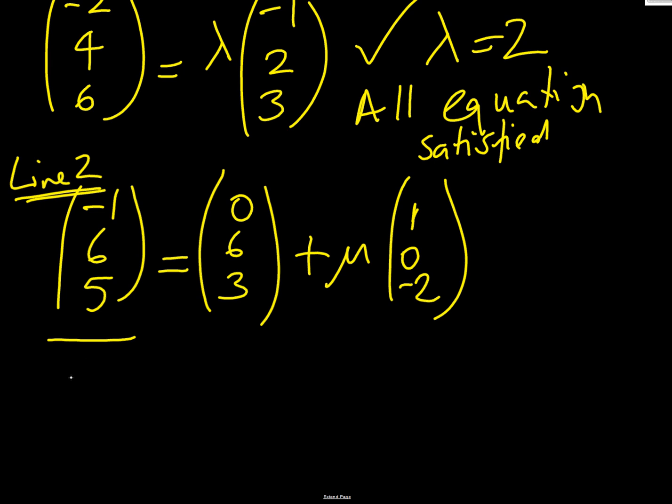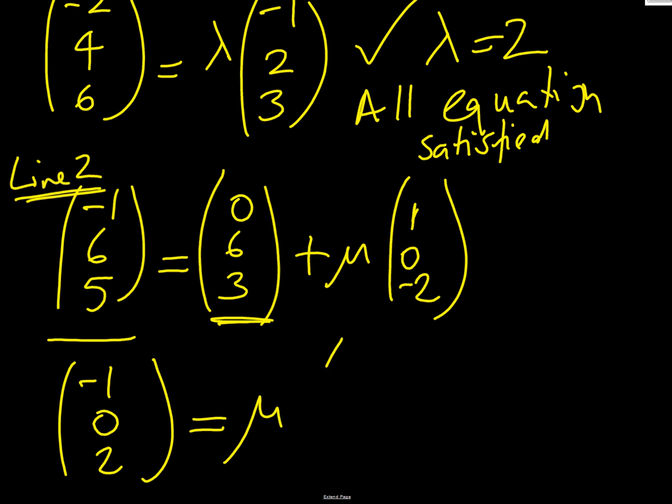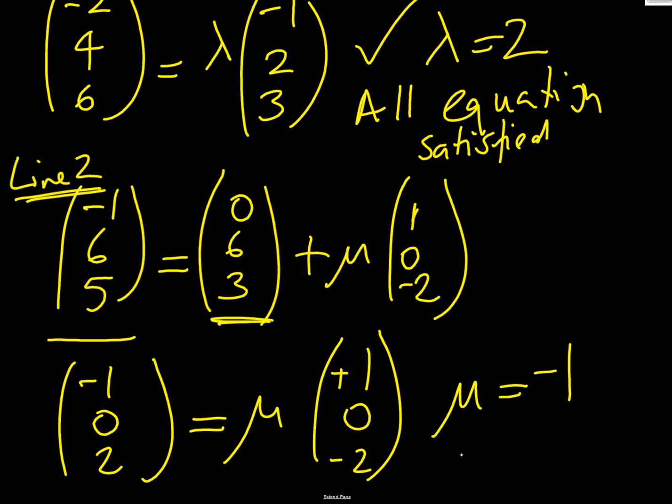So again, if I take away the position vector here, I'm going to have (-1, 0, 2) equals mu times our line vector (1, 0, -2)? So here we can see therefore that mu equals -1, and all equations satisfied.